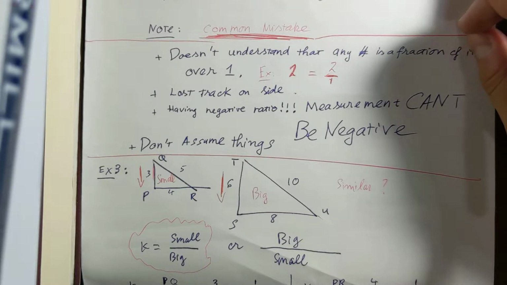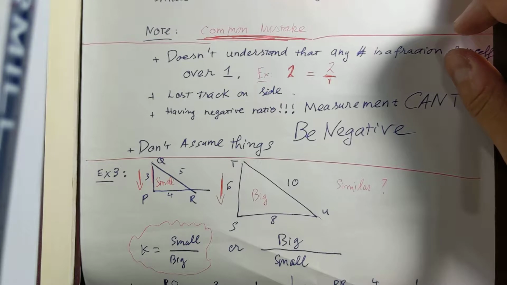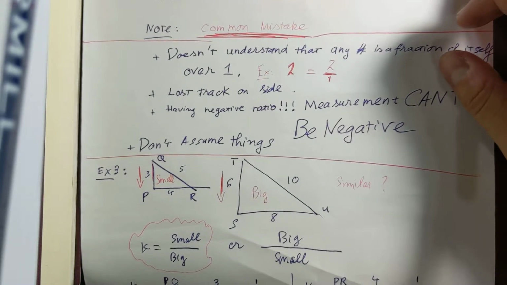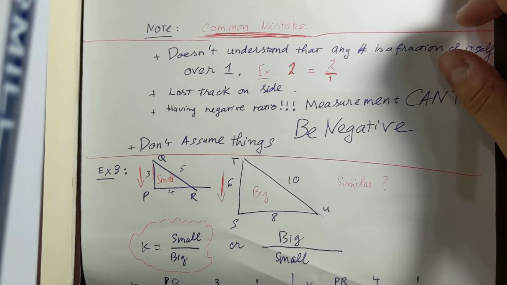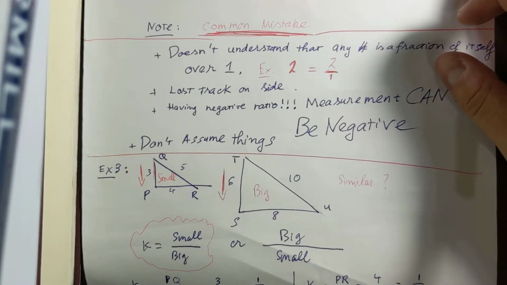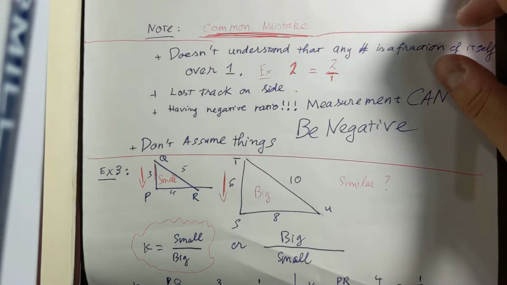K equals small one over big one, or if you want, you can do big one over small one, and it doesn't matter. You still have the same solutions, but it's just a different ratio K. On the test they will specify how the ratio is going to look. But if they don't ask for it, you can do whatever you want.